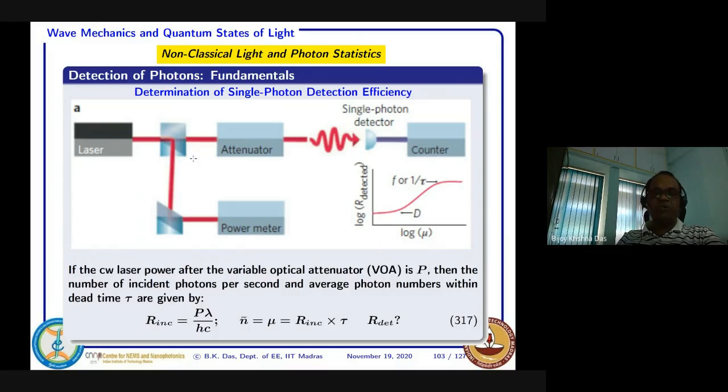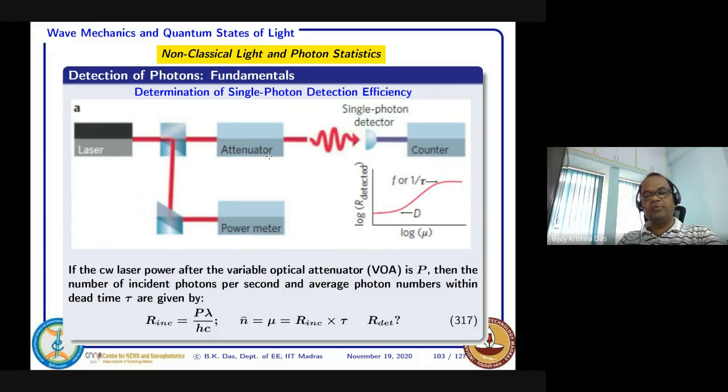And the major portion you pass through your attenuators. It should be a variable optical attenuator, which will attenuate at different levels. Finally, the power coming out of the attenuator is P, and mind that this is a continuous wave laser, no pulse, nothing.